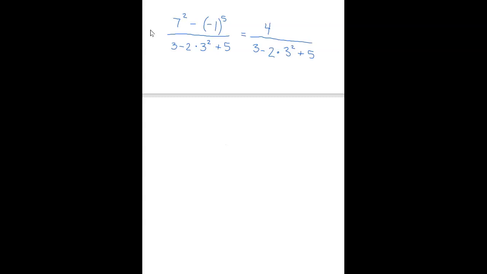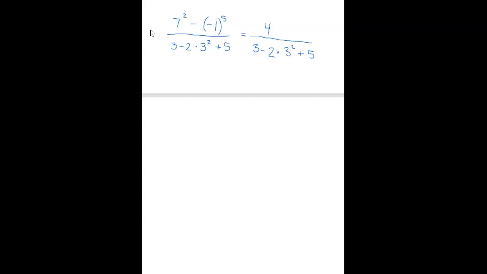Well, negative 1 to the 5th power. Whenever I have an even exponent and I'm operating on a negative number, my result is going to become positive, because negative 1 times negative 1 is going to give me a positive 1, right?